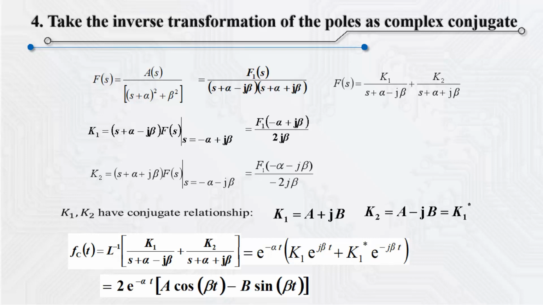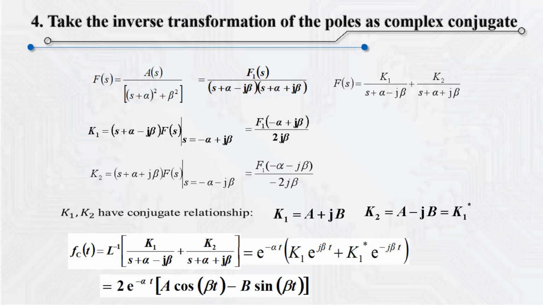Since k1 and k2 are conjugate, f(t) is the inverse transform of k1 divided by s plus alpha minus j beta plus k2 divided by s plus alpha plus j beta. According to the typical properties of the Laplace transformation, we obtain e to the power of negative alpha t multiplied by k1 e to the power of j beta t plus k2 multiplied by e to the power of negative j beta t.